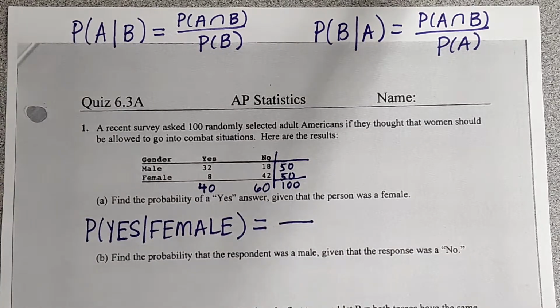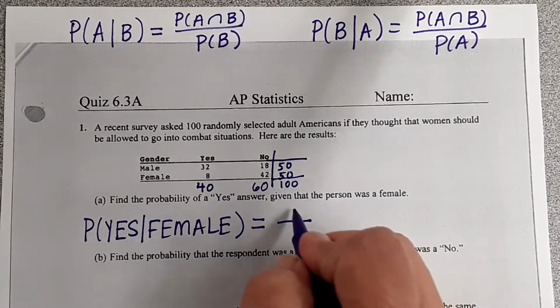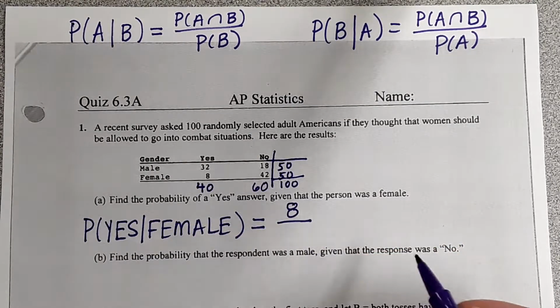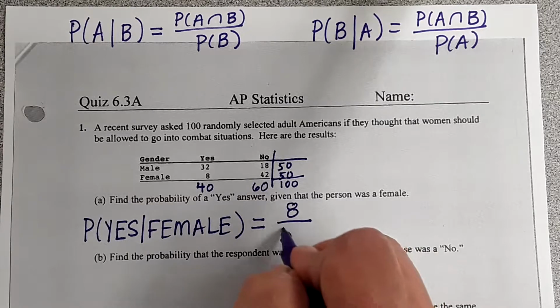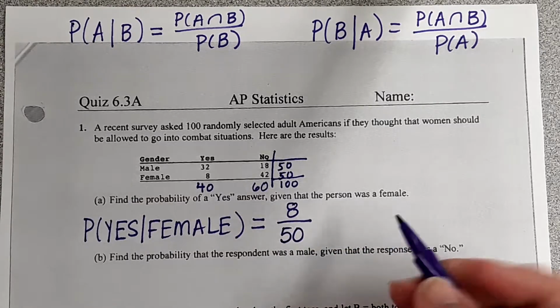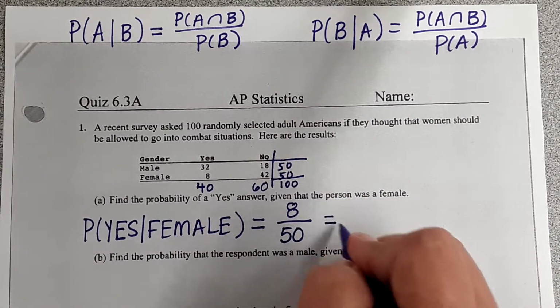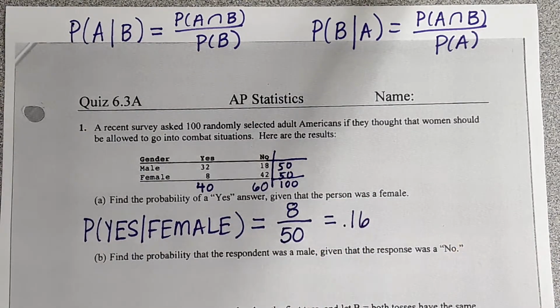Where is the intersection of yes and female? How many said yes and female? 8. Out of how many females? 50. I wrote it like that. You can reduce it, and I also have this answer. I don't think it would matter if you wrote either answer, but I always start off with the fraction. So you always want to make sure that the fraction is written, okay?